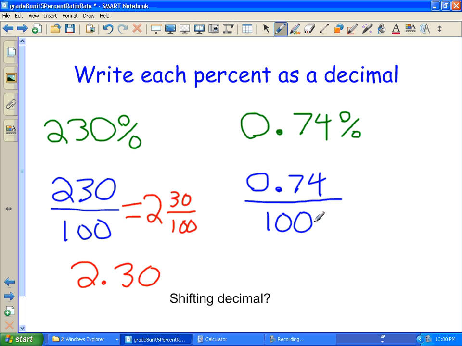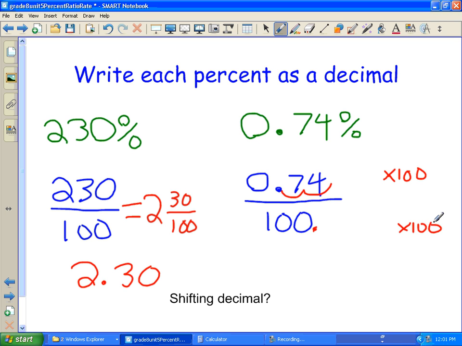This one over here is a little different. We don't like the decimal here in the fraction. So in order to get rid of it, we can shift it 2 places to the right up here, and then we would shift the decimal 2 places to the right here. Now shifting the decimal 2 places is the same thing as multiplying by 100 on the top and multiplying by 100 on the bottom.